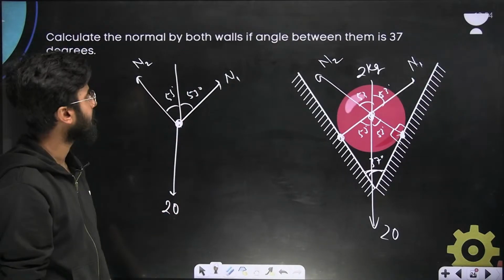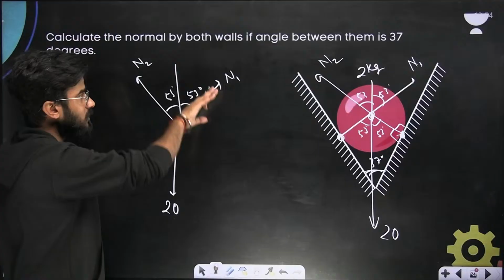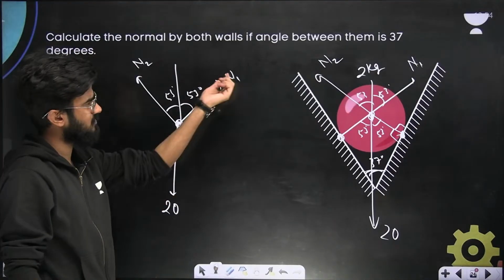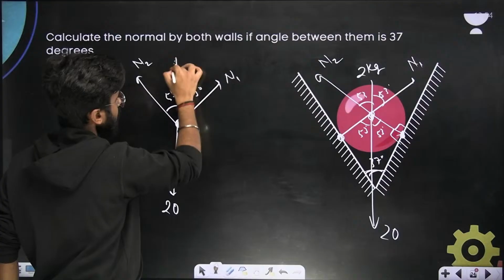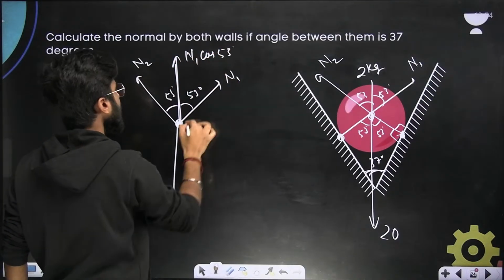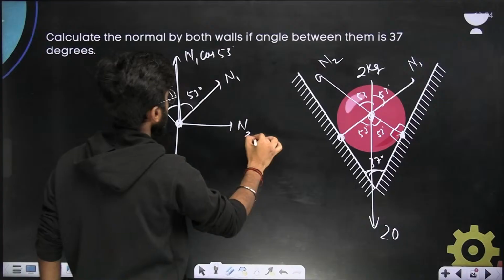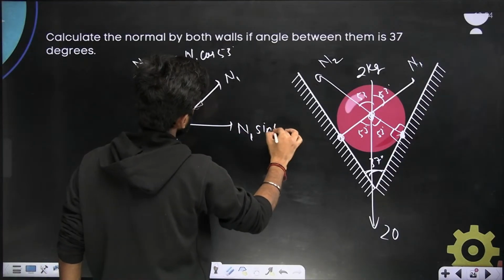Okay. Any doubt till here? No. So we'll break N1 and N2 into their components. This is N1 cos 53, and this is N1 sin 53.